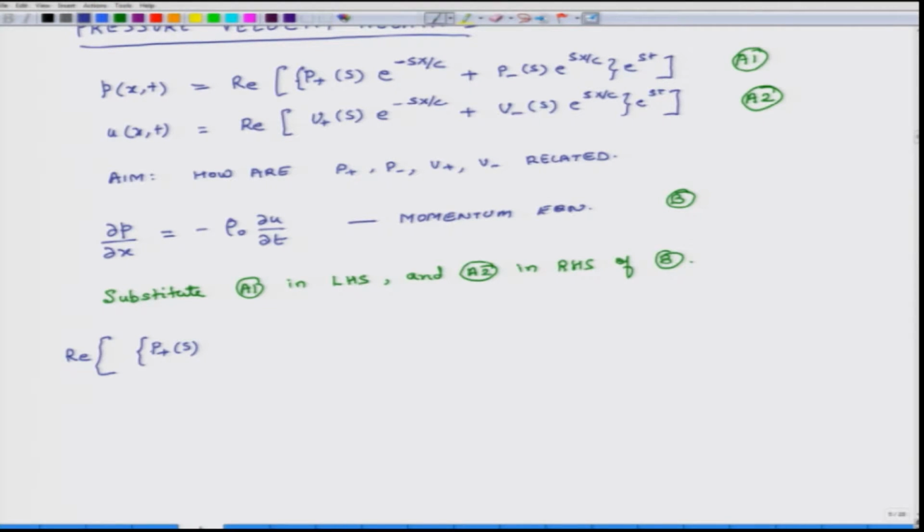and I will take this s over c outside the parenthesis. Actually, let us keep this negative sign inside. So, this should have been minus P plus times s over c times e to the power of minus s x over c plus P negative, which depends on s, times e to the power of s x over c.